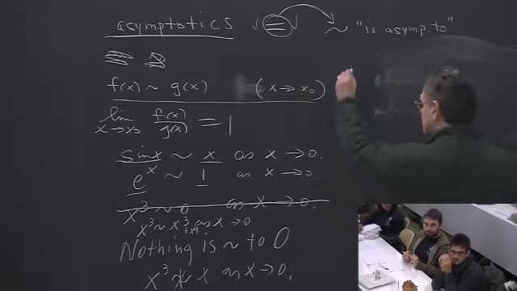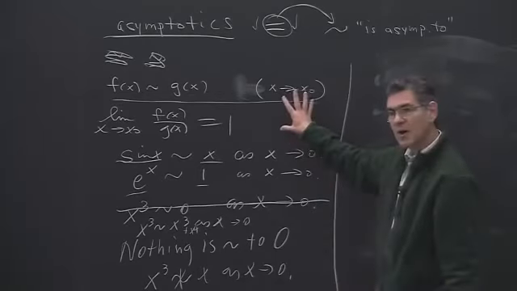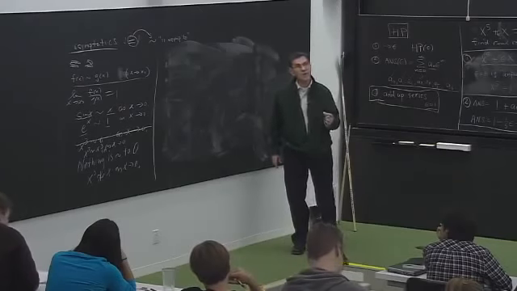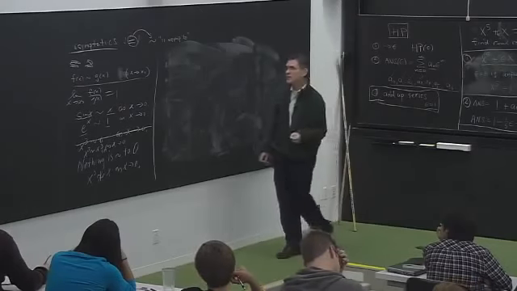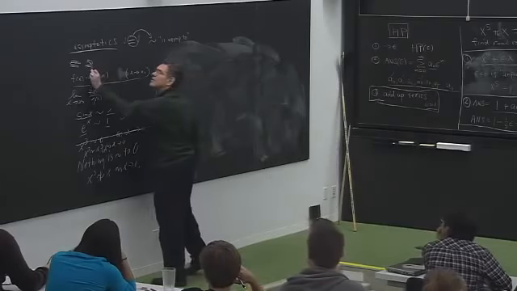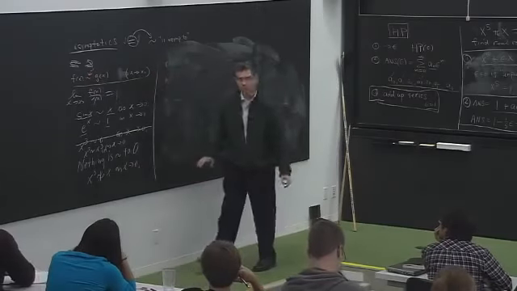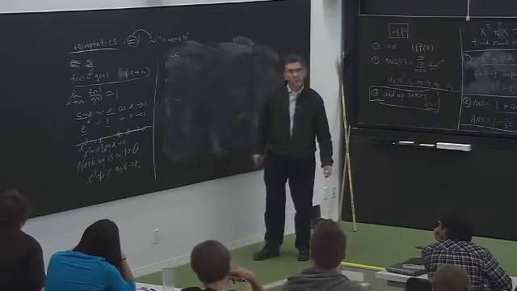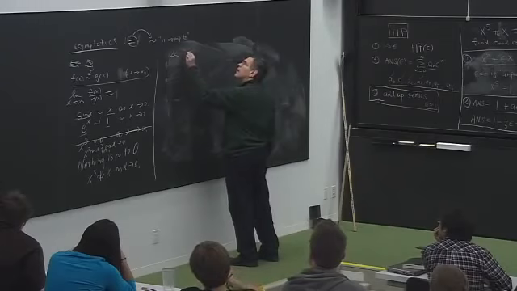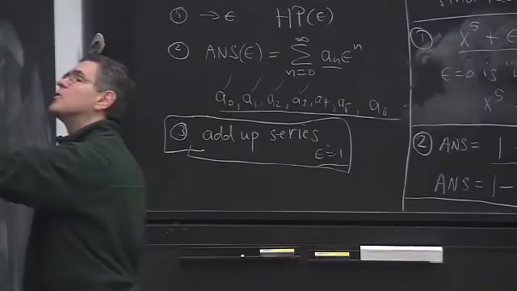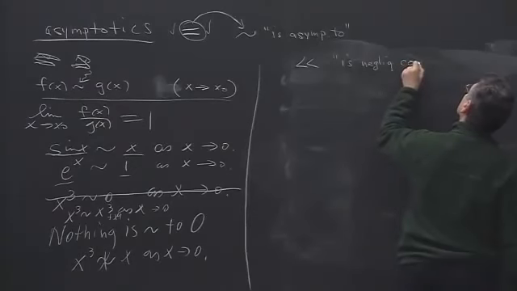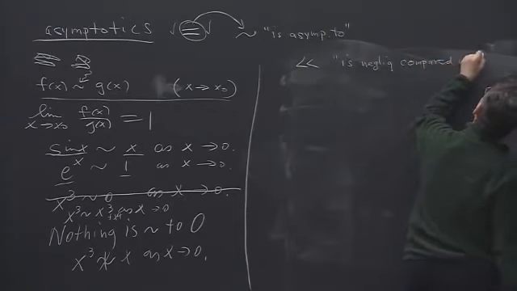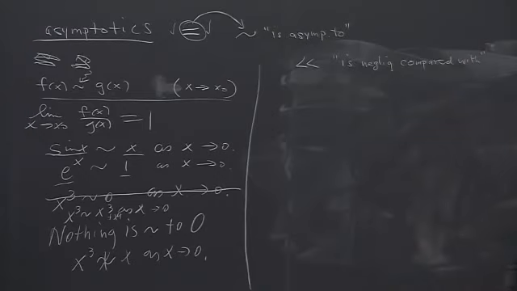So this is a quick definition of the asymptotic symbol, and there are two different asymptotic symbols we're going to use in class. One of them is this symbol here, but there's another symbol that's also very useful, and that's this symbol. This symbol is read as "is negligible compared with."